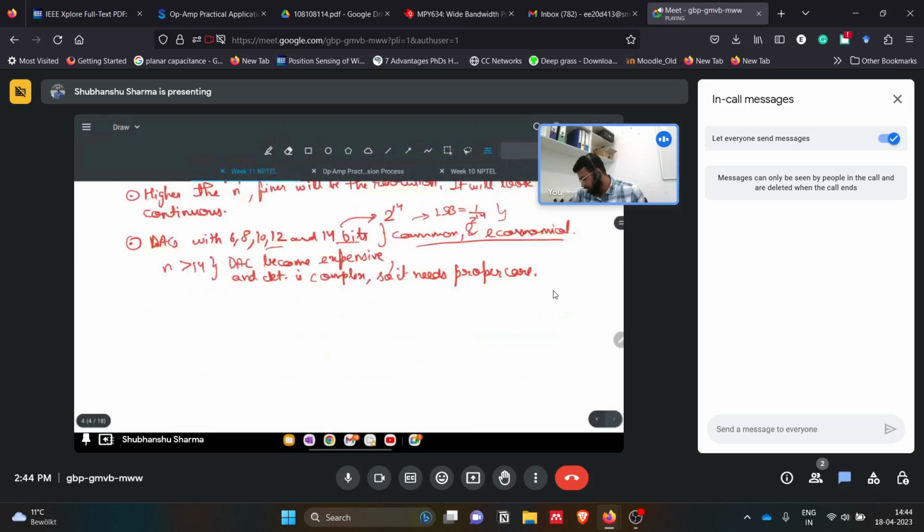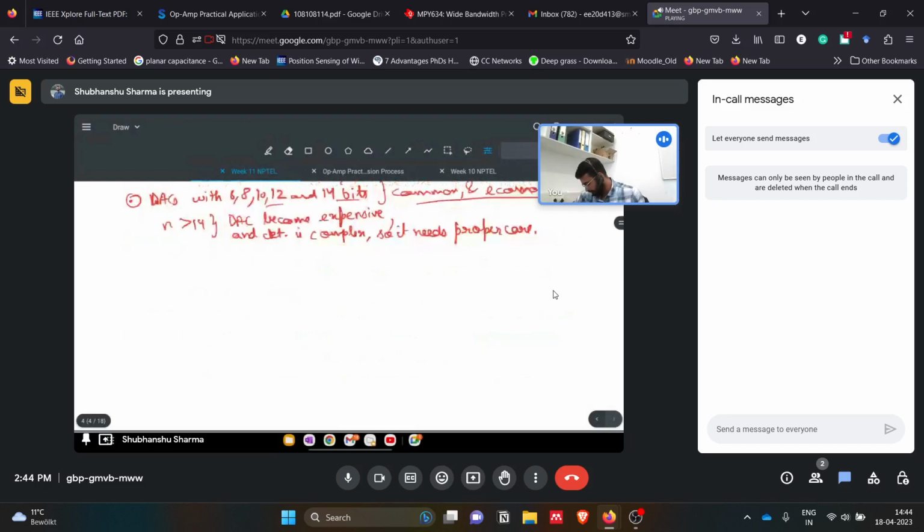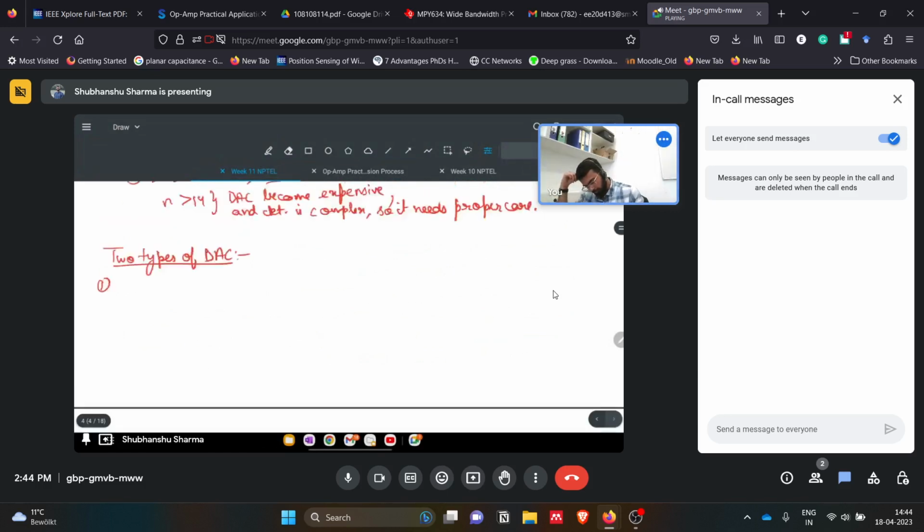Now I will tell you that we have two types of DACs. The first one is weighted resistor DACs, and the second one is R-2R ladder DACs.